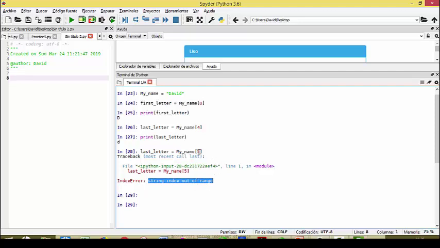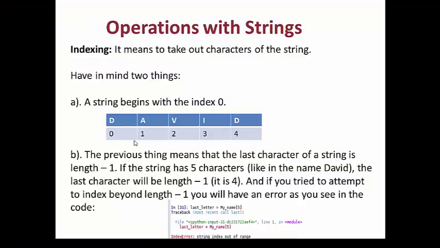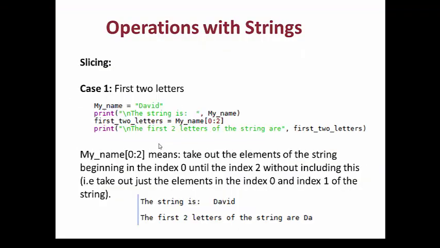It means that this position is not available because we have 0, 1, 2, 3, and 4. The last position is length minus 1. The first position is 0, as we studied here. Okay?